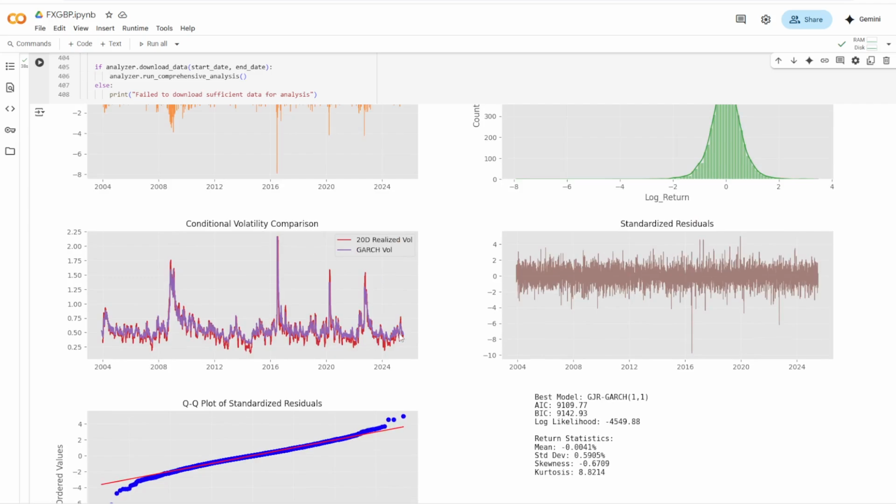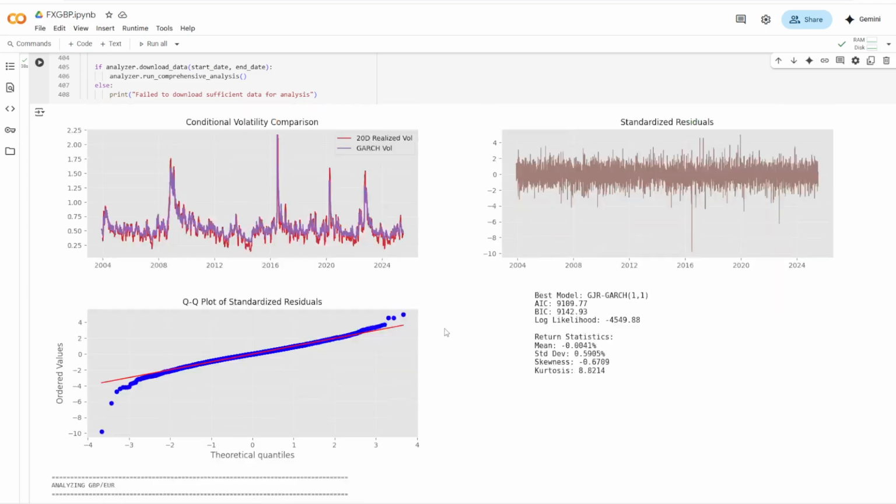And conditional volatility comparison, so you have a comparison between the purple line, which is the GARCH volatility, and the 20 days realized volatility.